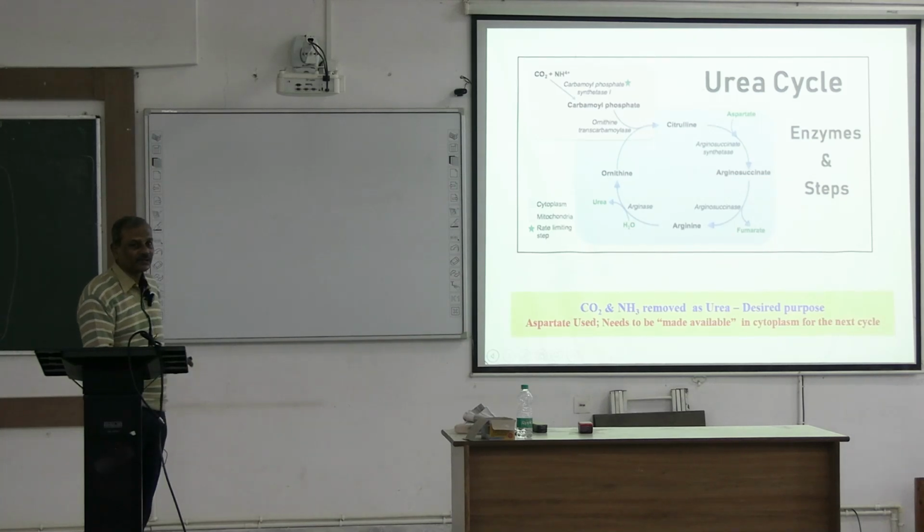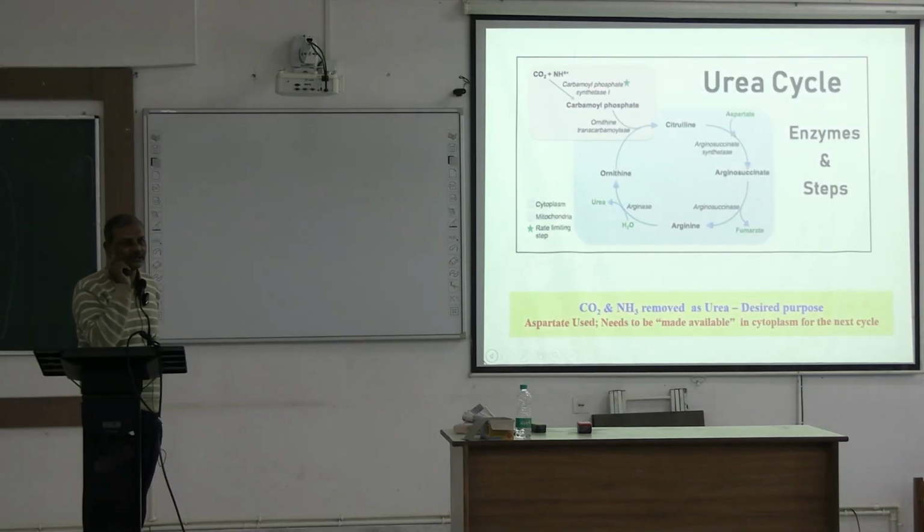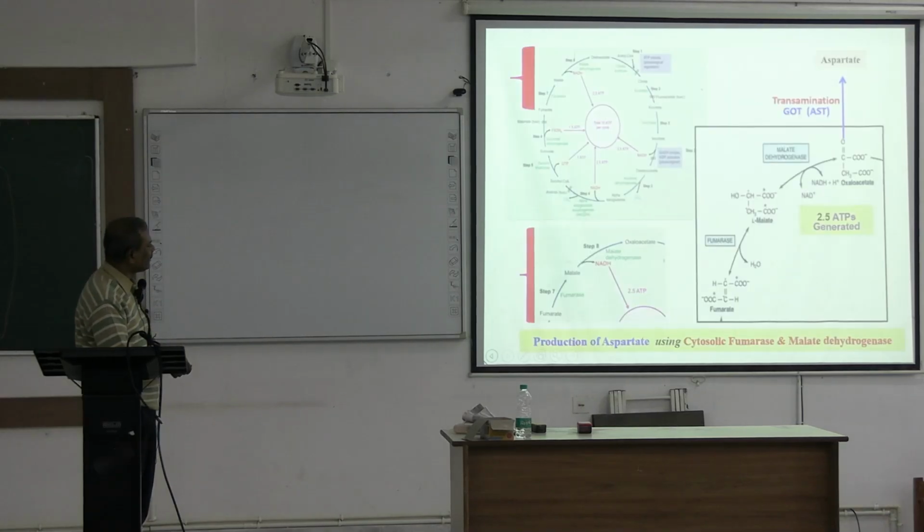Now, this TCA cycle is operating in the mitochondria, but this reaction is occurring within the cytoplasm, or cytosol, I would say. It will not get it from the TCA cycle. So, there is an analogous reaction, just like this one of the TCA cycle, which is occurring within the cytosol itself.